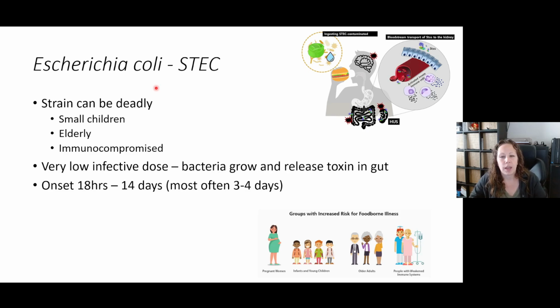I'm not going to have you memorize any of these onset times, but what I do want you to get out of it is that almost all of these, with the exception of Staph aureus, take 6 hours to several days before you experience any symptoms after you eat the contaminated food.